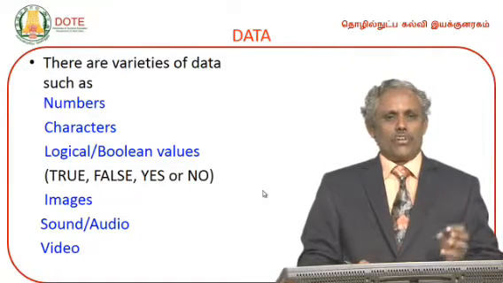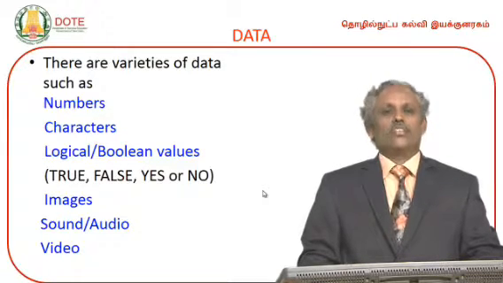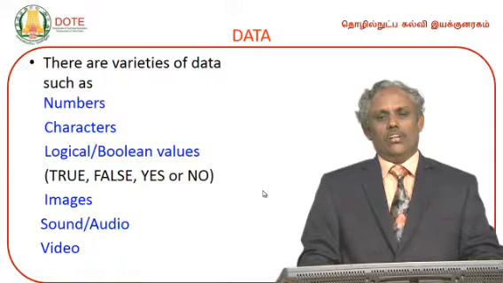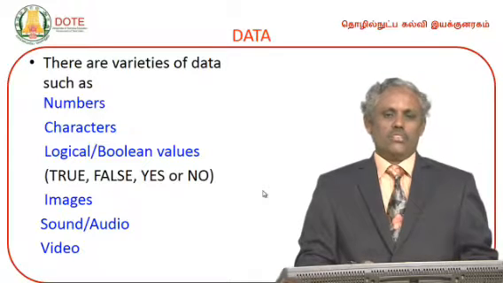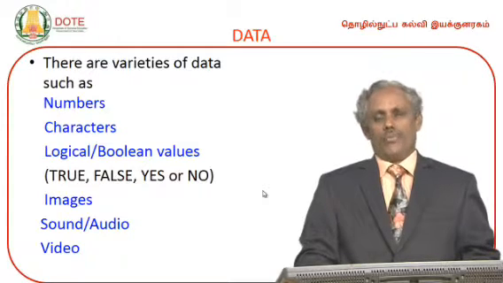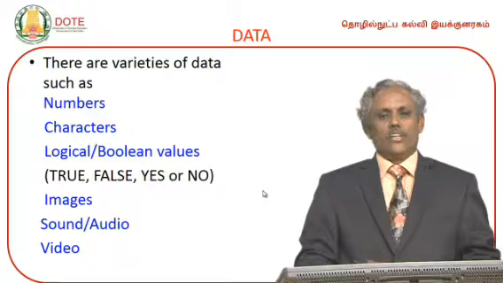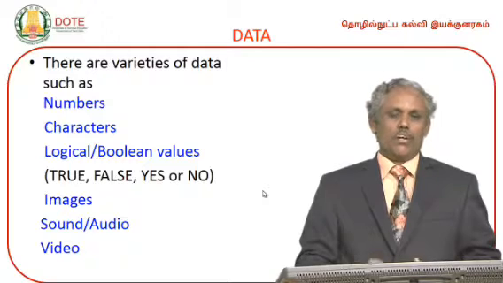Actually, we use the computer for processing facts like numbers or strings or text, which are characters, or some values that are logical or Boolean values like true, false or yes or no, and the computer also can process images, sound or audio and video. So, these types of data can be given to the computer and the computer can process them and produce the result.